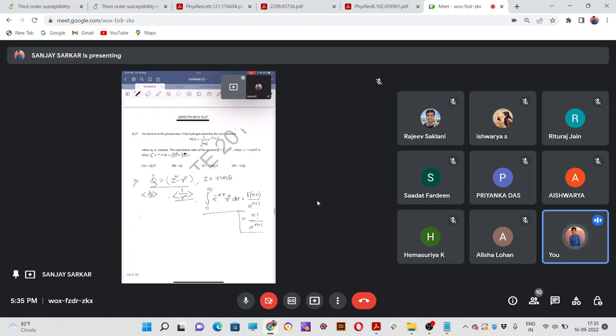First calculate the expectation value of z square, that is r square cos square theta, and then find the expectation value of r square, and let me know the answer of this too. If you can calculate this one, the other comes out from here only, so you don't need to calculate it explicitly. So let me know the expectation value of z square first.